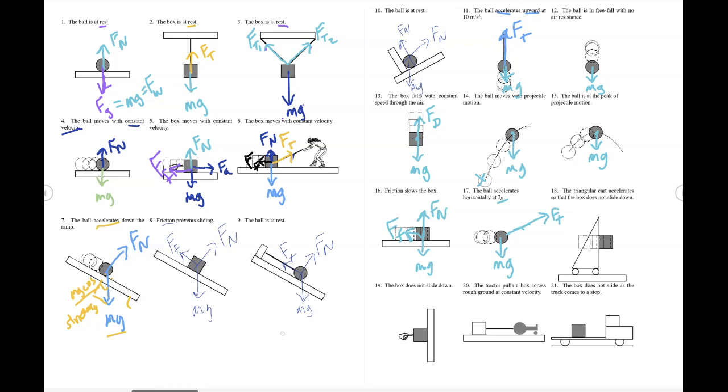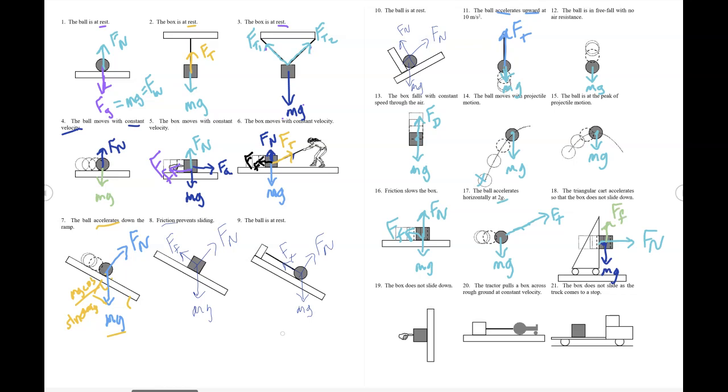Triangular cart accelerates so the box does not slide down. Well, however this happened, we've got a weight force. We've got a normal force. And we have a frictional force opposing sliding. How do I know friction goes up? Because if there wasn't friction, what direction would the box slide?